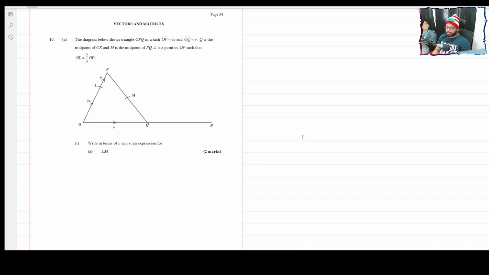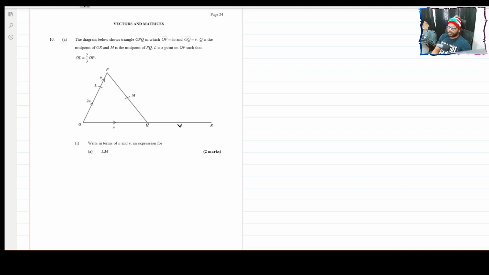Alright, boys, home stretch. Number 10. The diagram below shows a triangle OPQ in which OP is 3u, OQ is v, Q is the midpoint of OR, so observe the diagram and see where the information falls into the diagram. Since Q is the midpoint of OR, then this is also a v here.